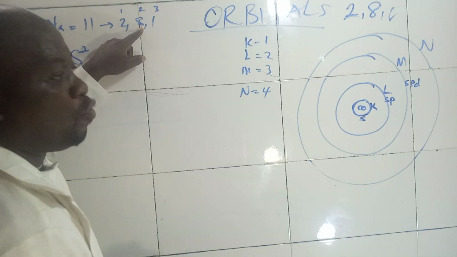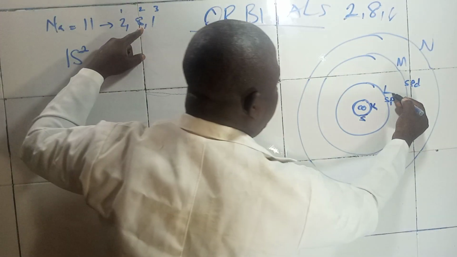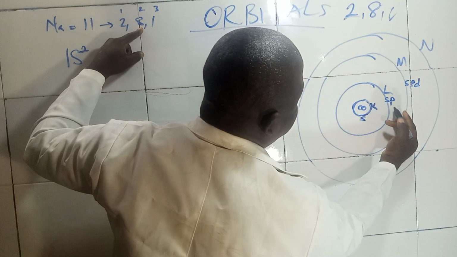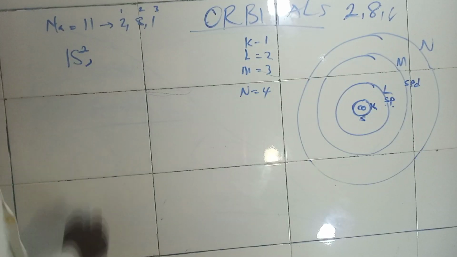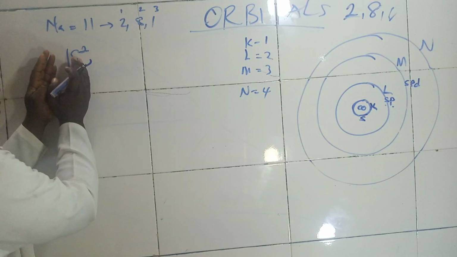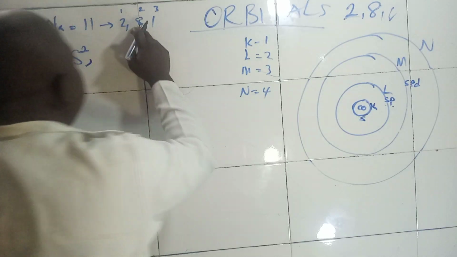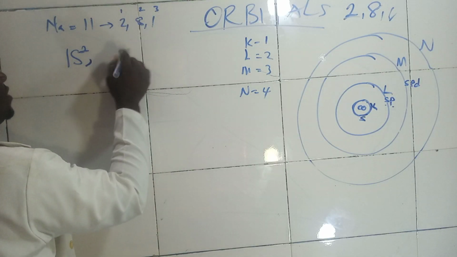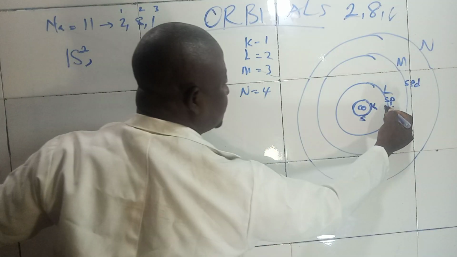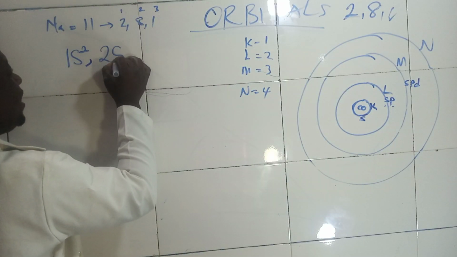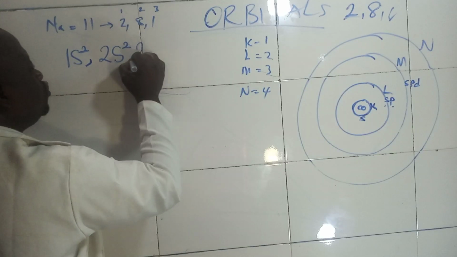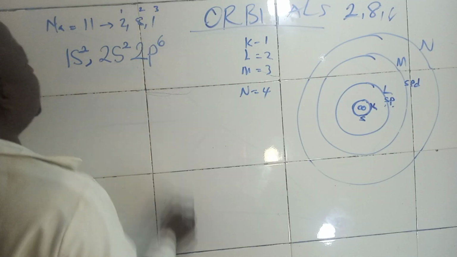8 is also occupied, which is what? Your L shell. And under your L shell, you can find s and p. So you're going to use a comma to show that this is one shell. You are now moving to another shell, which is 8. By the time you break it down, you know it's s and p, and it's already filled up. So it will now be 2s2, 2p6.